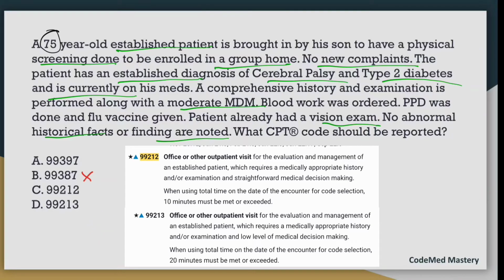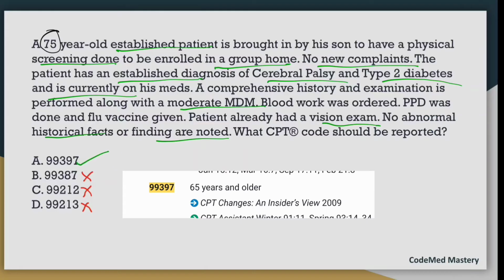But in the question, the patient has come for periodic comprehensive preventive medicine. Here you can see, brought by his son to have a physical screening done to be enrolled in a group home. No new complaints and he has an established diagnosis. So this is not for an office or outpatient visit. By this, we'll eliminate option C and option D. We are left with option A, which is our right answer.